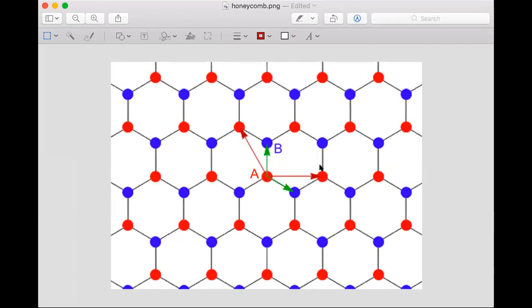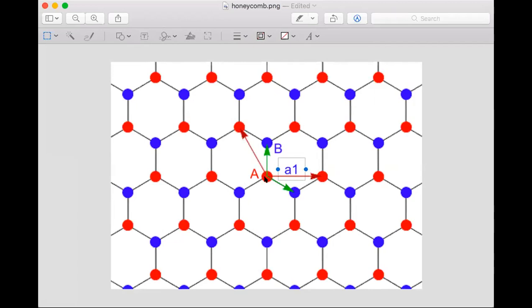Then you have to choose the lattice vectors, the primitive lattice vectors. So you can choose this one as your A1. So let's see, this is A1. And here you have a choice actually.